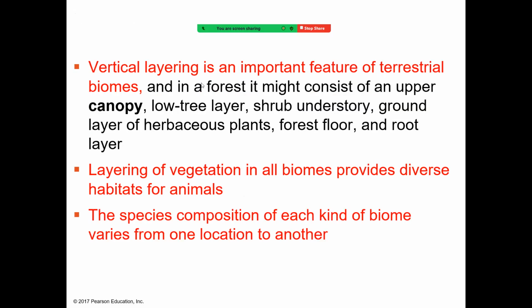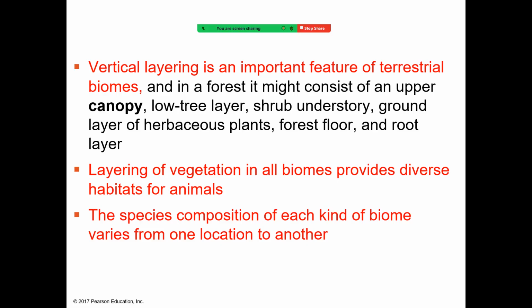Another thing that's really important in terrestrial biomes is vertical layering. So again, thinking about a forest, right? Your forest might have the upper canopy, so the really tall trees. There are some lower tree layers underneath that, shrubs and other shorter plants. There's a ground layer of herbaceous plants. You have your forest floor, and then there's the roots underneath that. So that's quite a few layers that we have.